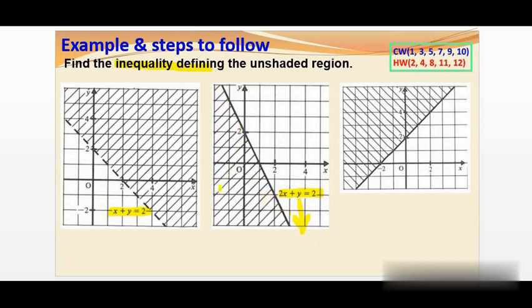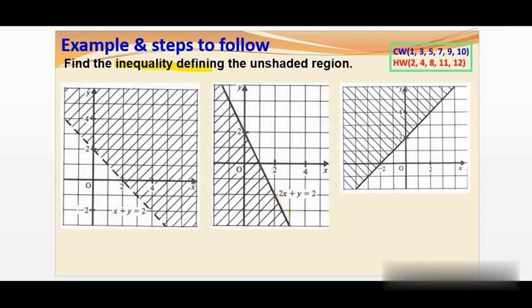Clear? Look at the shaded area and the unshaded area, and whether the line is solid or dotted. So the simple thing is that this equation will be changed into an inequality. This is the equation of this line.